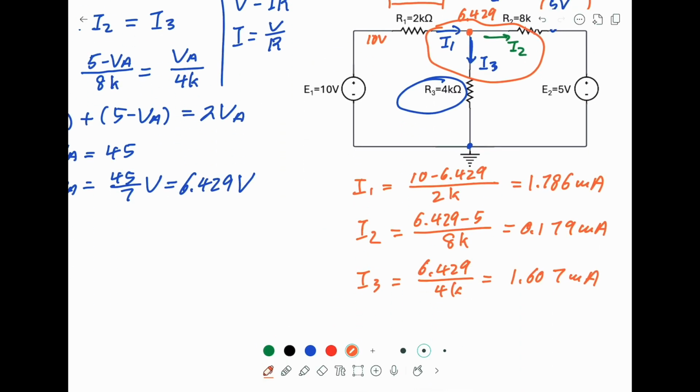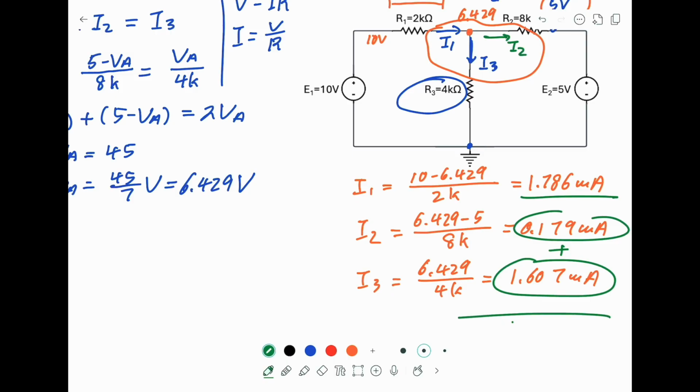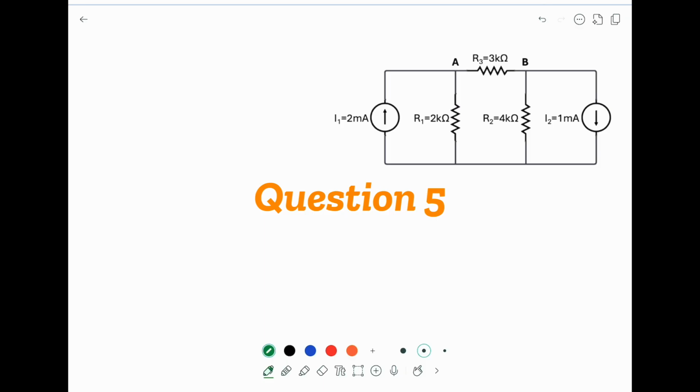So we add these together, and we get exactly 1.786 milliamp. So I1 is equal to I2 plus I3. So they are consistent.